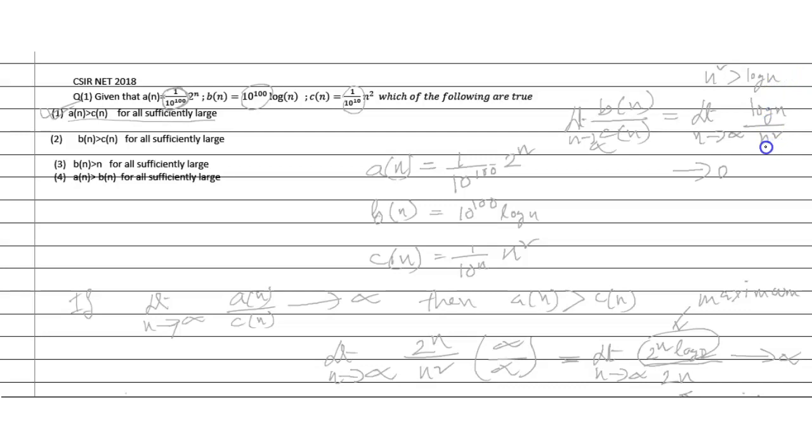So bn greater than cn, this portion is wrong, and bn greater than n for all sufficiently large n.